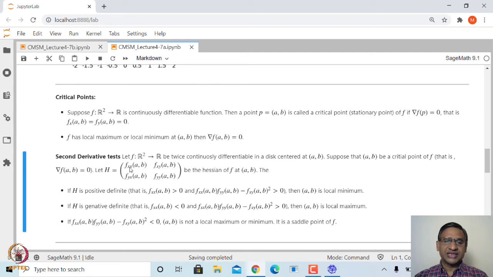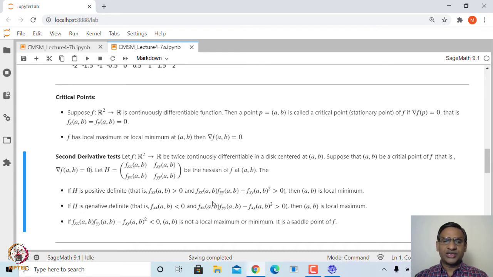That is the same as saying f_xx at (a, b) should be negative and its determinant should be positive. Okay. So, this is the definition of positive definite and negative definite, and in case H is positive definite at the critical point, then that critical point is a local minimum. Similarly, if at the point (a, b) the Hessian is negative definite, then that point is a local maximum.